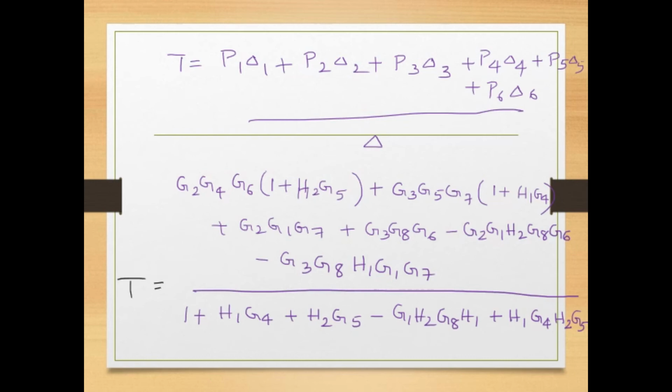So this is the overall transfer function for the given system. Using Mason's gain formula, we can clearly obtain the transfer function even though it is a complex system. If we consider a block diagram, it is very difficult; we have to use the reduction method and then find the transfer function.